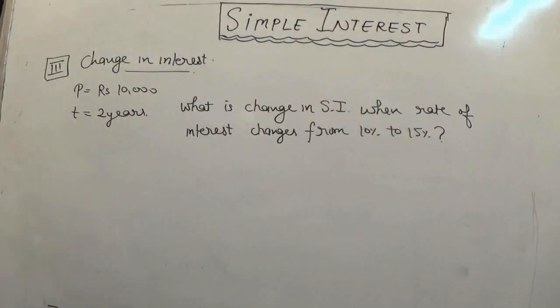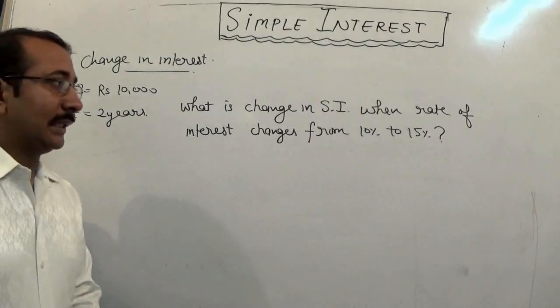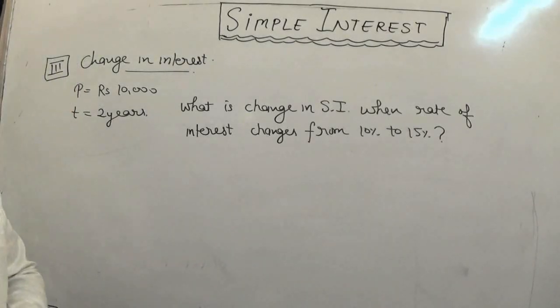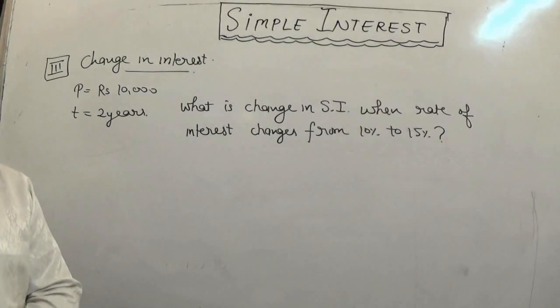Just look at the question, what it talks about. Suppose principal is rupees 10,000, timing is 2 years, and we have to find out what is the change in simple interest when the rate of interest changes from 10% to 15%.